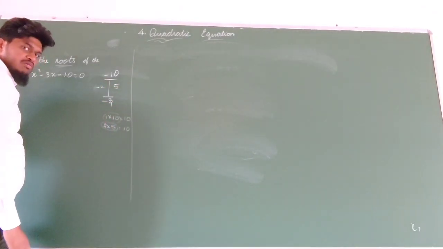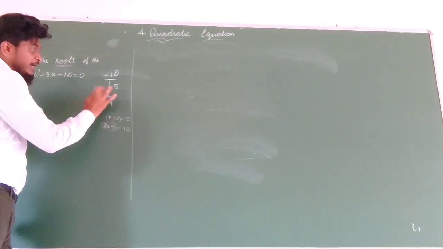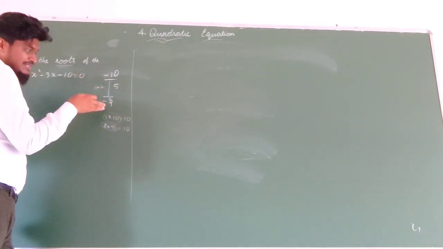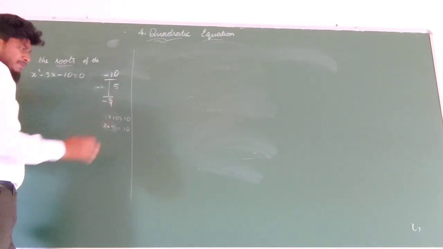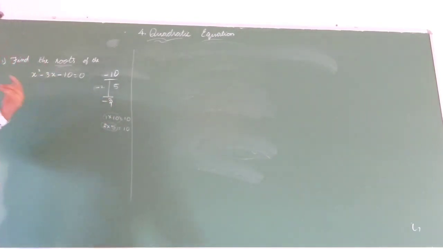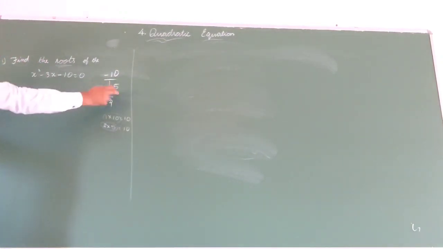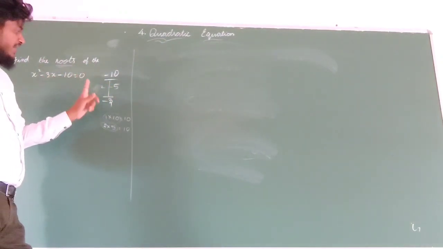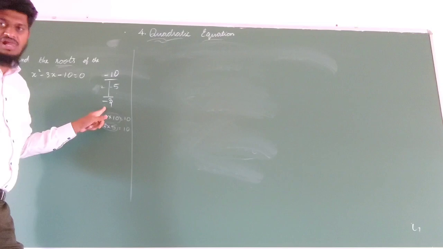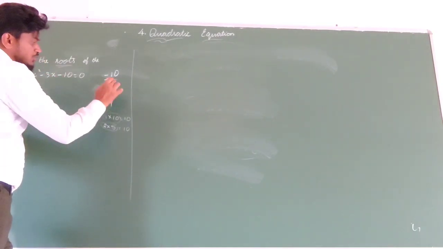But what we need is minus 3, right? So this is not equal to minus 3. Then what we have to do, let's change the symbol. So now multiply these two, I am getting minus 10. And by adding these two, I am getting minus 3. So these are the two numbers.